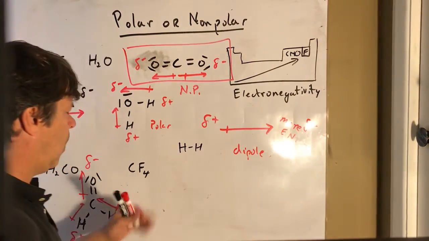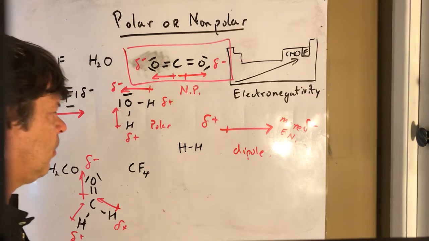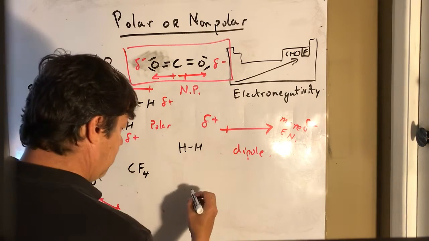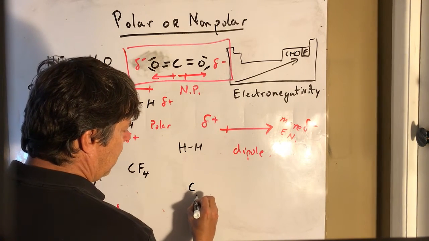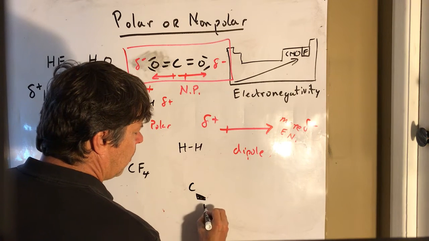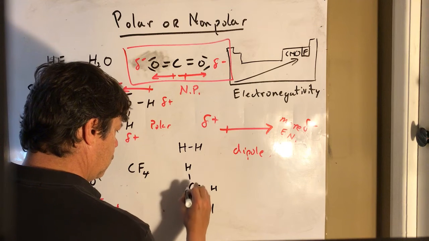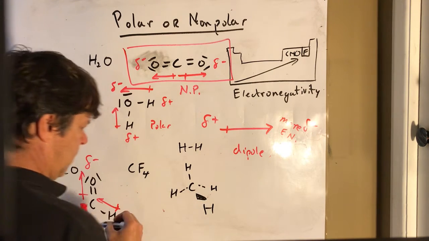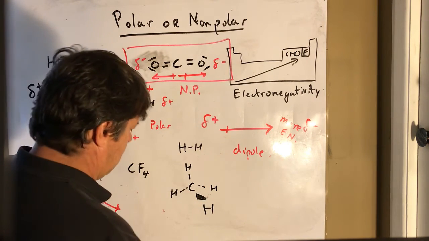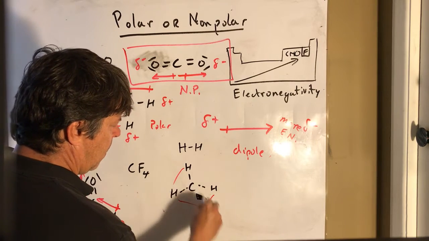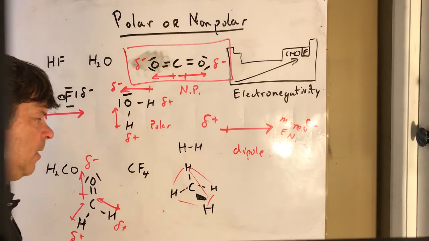Let's look at one more, and that's carbon tetrafluoride. Carbon tetrafluoride is tetrahedral. So let me draw like a little 3D sketch of this. All right, let's draw the dipole.